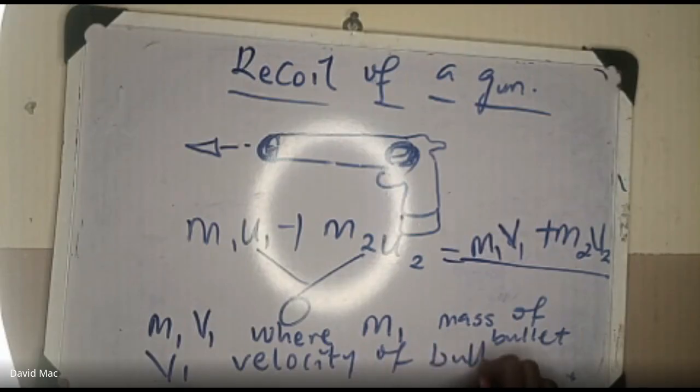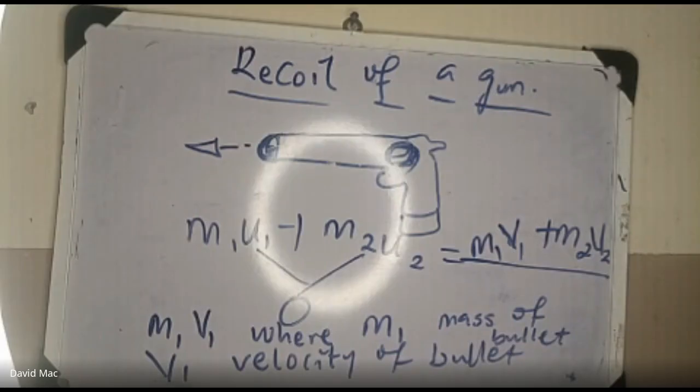So whenever you are solving, M1 is the mass of the bullet, while V1 is the final velocity of the bullet. Remember, I said that the initial velocity is always zero when you are calculating recoil of a gun.